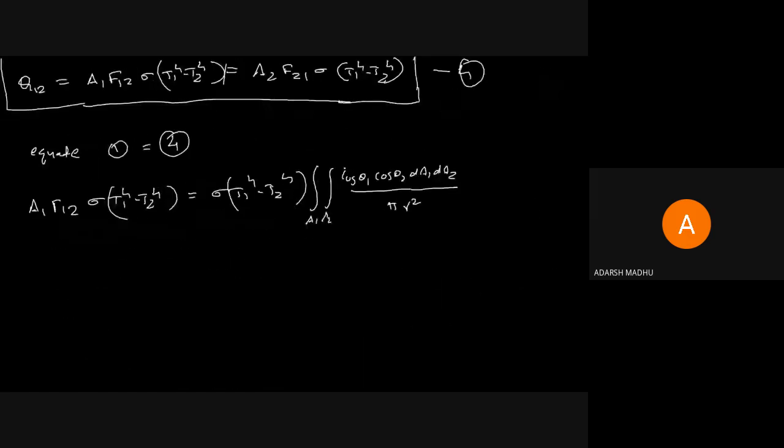Here sigma T1 raised to 4 minus T2 raised to 4 is the common value, so we can cut it. So the equation becomes A1 F12 equal to integral of A1 A2 cos theta 1 cos theta 2 dA1 dA2 divided by pi r square.